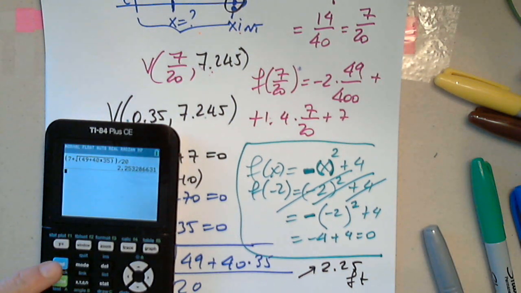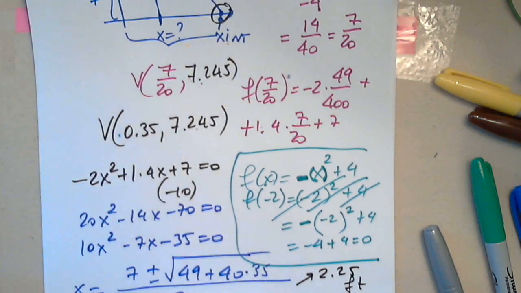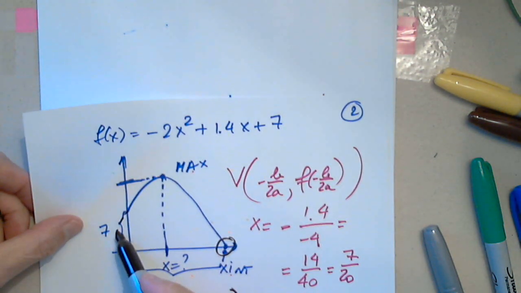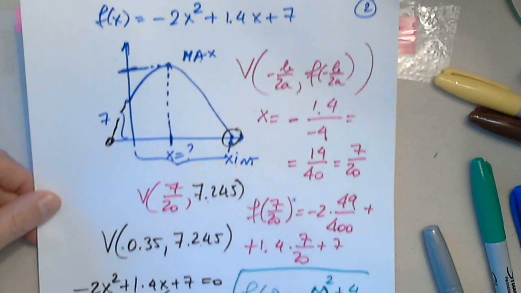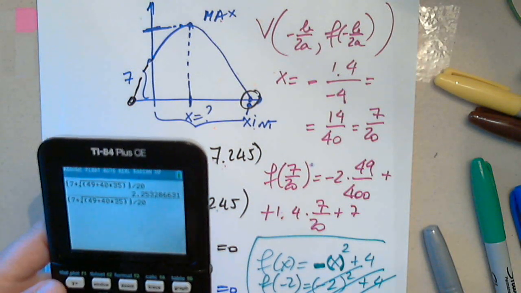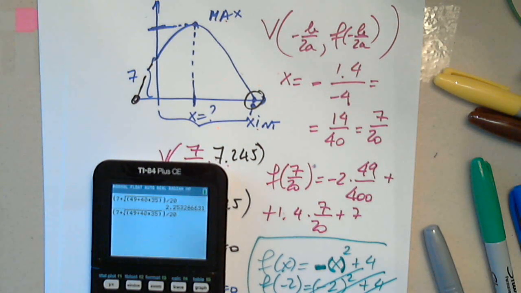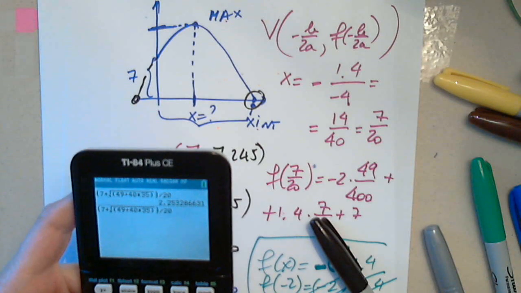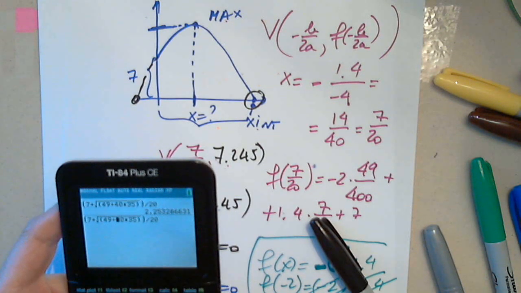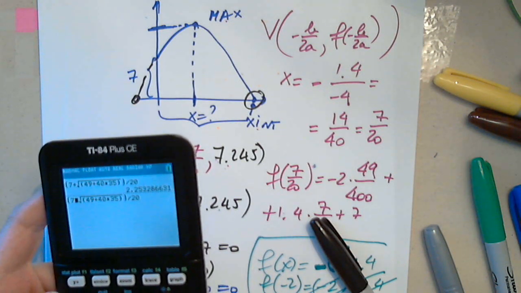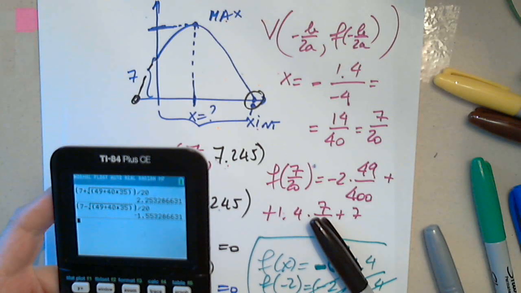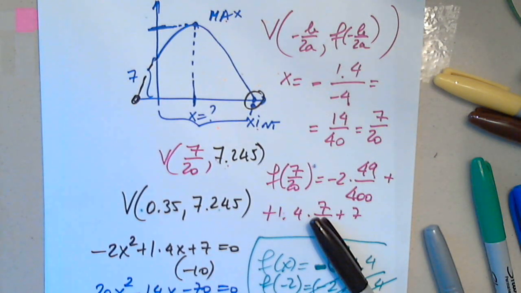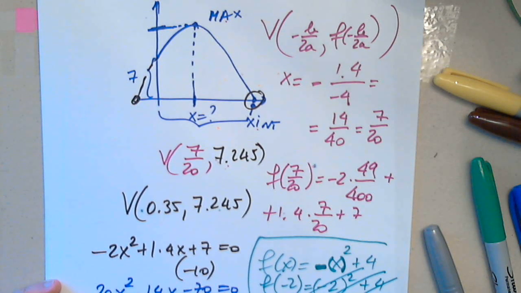And then the other one with minus, of course I don't care for it because it's going to be behind the y-axis. But let's determine it anyway. I change the plus to minus. And I got negative 1.55, which we knew was going to be behind the y-axis. So negative 1.55, not important.